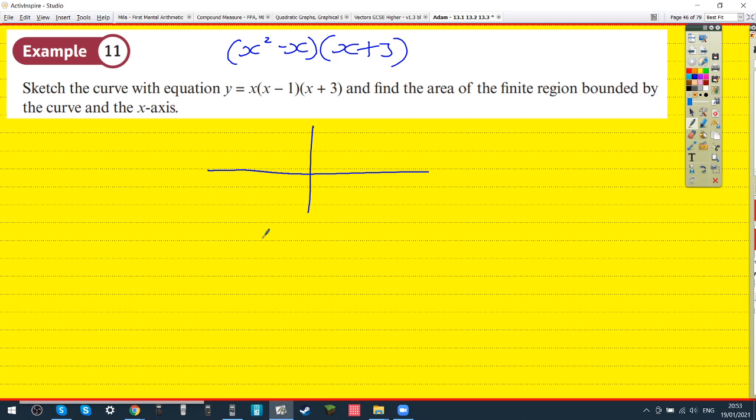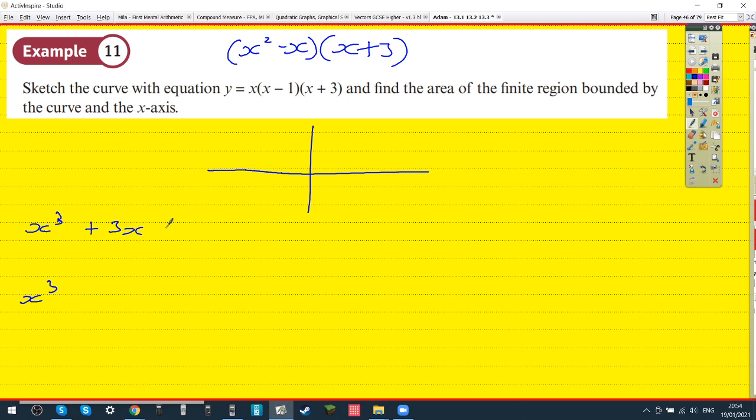I got x cubed plus 3x squared minus x squared minus 3x, which simplifies to x cubed plus... is it just 3x? Would it be 2x squared? Let me see.